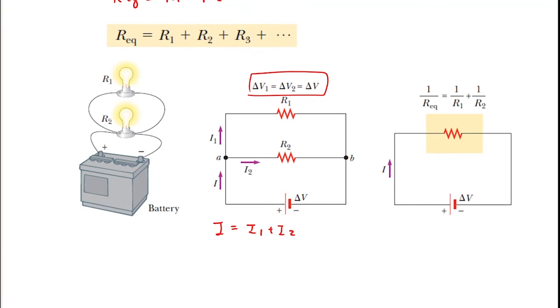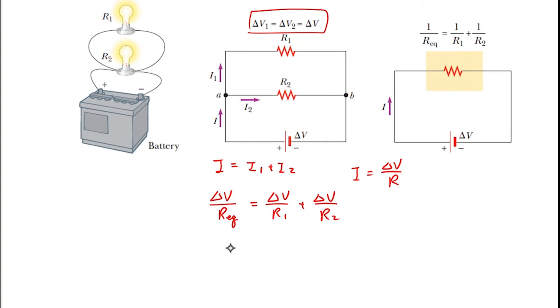Okay, then we'll say I is equal to I1 plus I2. But now remember I is equal to delta V over R, wasn't it? Substitute that in, so we have delta V total over R equivalent, right? The equivalent resistance of these two together is equal to your delta V, same thing as here, over R1 plus delta V over R2. And divide both sides by delta V, then you have this.